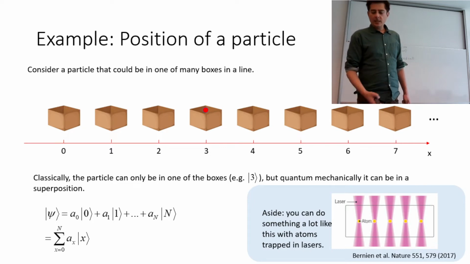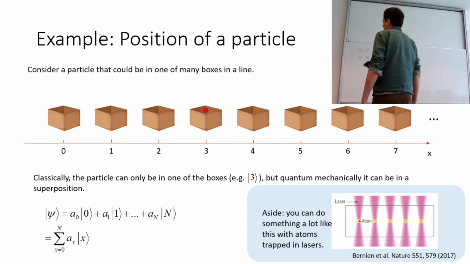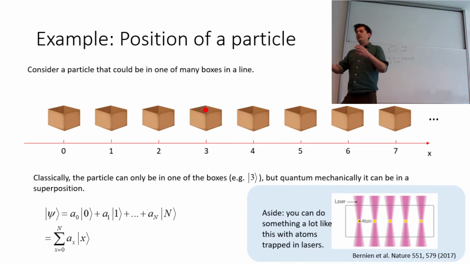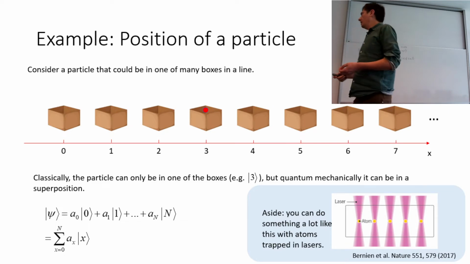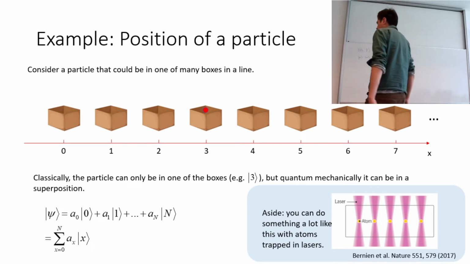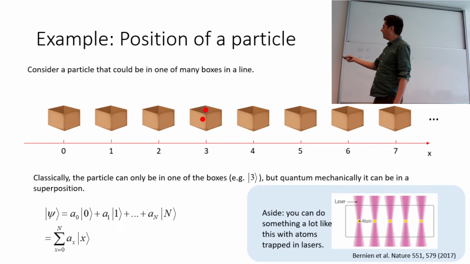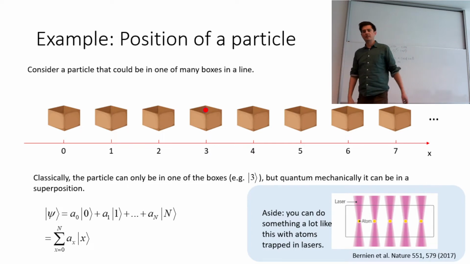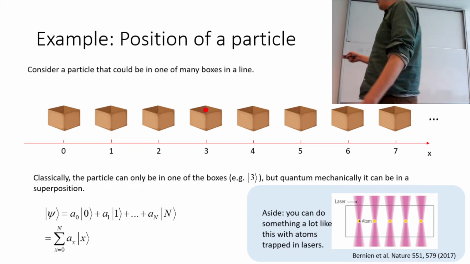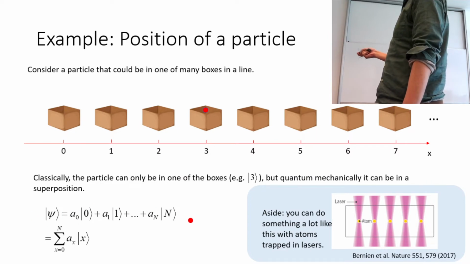Quantum mechanically, the state doesn't just have to be in one of the boxes, because as we've been saying, the particle can be in 2 places at once or 2 states at once. So in this case, it could be in 2 boxes at once, right? So the state is not just 3, maybe it's partially in 0 and partially in 3, this kind of stuff. And then we know how to write that quantum mechanically, in terms of a wave function like this.